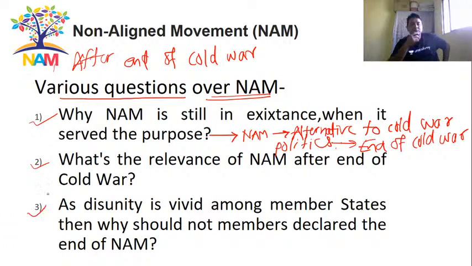Third, and the most important question mark over the existence of NAM: as the disunity is vivid among the member states, then why should members not declare the end of NAM? Very valid question.